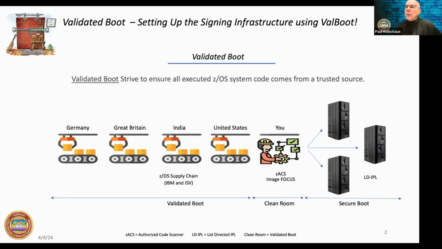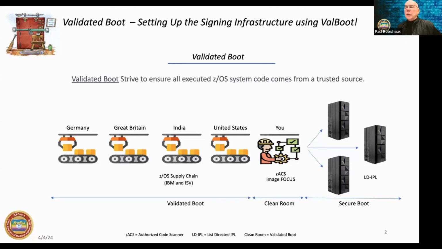From the time we receive the operating system from IBM, after it's been through its various stages of components from Germany and Britain and India and the United States, assembled together and then distributed to you through ShopZ, you take it and test those components, whether they come from IBM or from an ISV, using the code scanner or Image Focus, hopefully Image Focus.